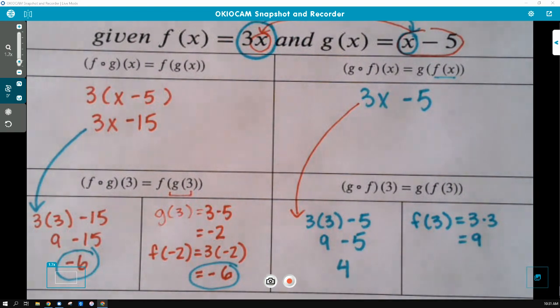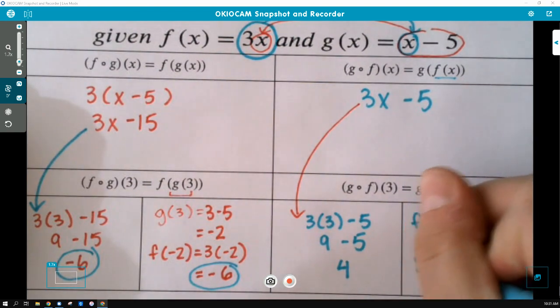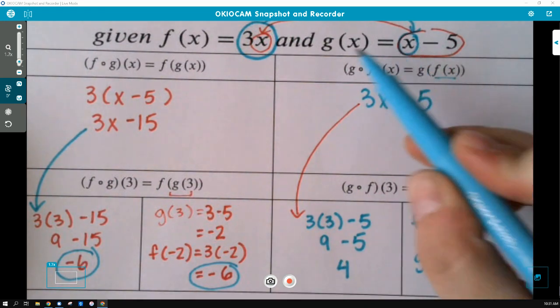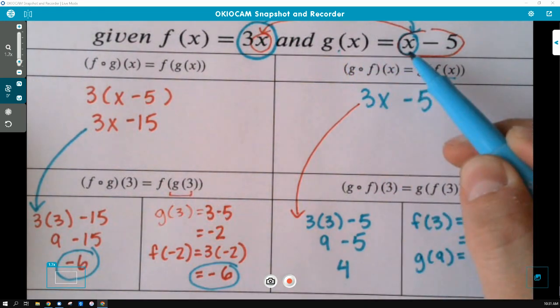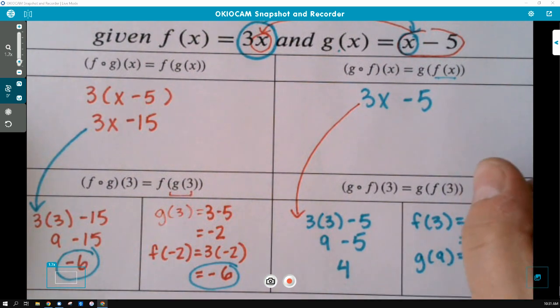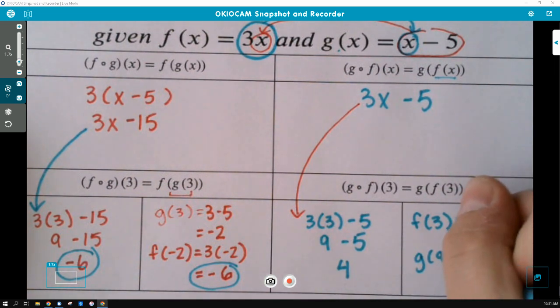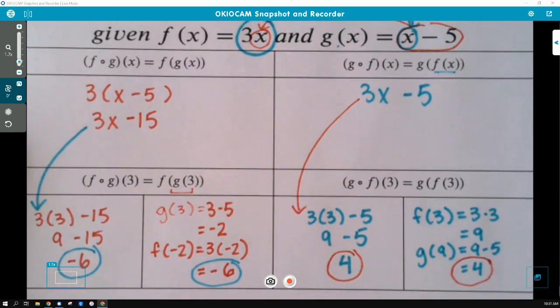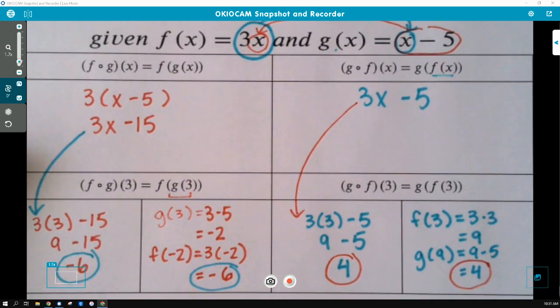And then we would do g of 9. G of 9 would be g, so this is g, plugging in 9 for x, it would be 9 minus 5, which would also be 4. So 2 ways to do the same thing. Okay. Any questions about those?